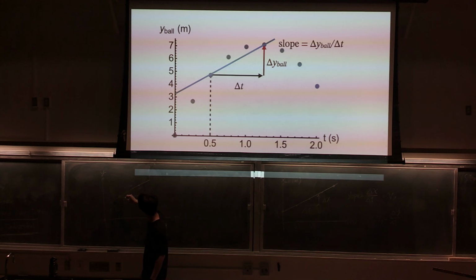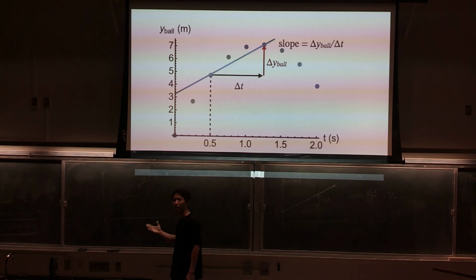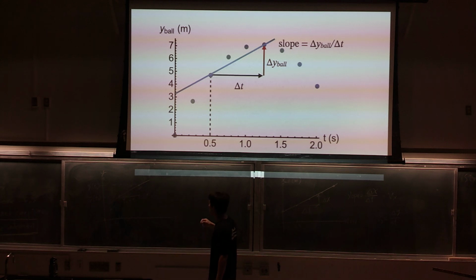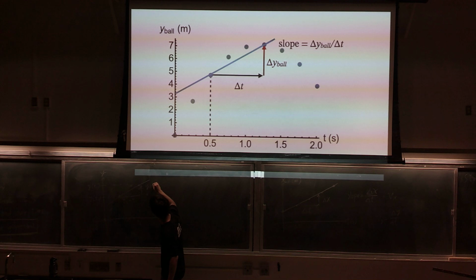And here, the y position corresponding to this t1 is y at t1. It is the y position at t1. And that here is y at t2. Okay? So the difference here is y at t2 minus y at t1.